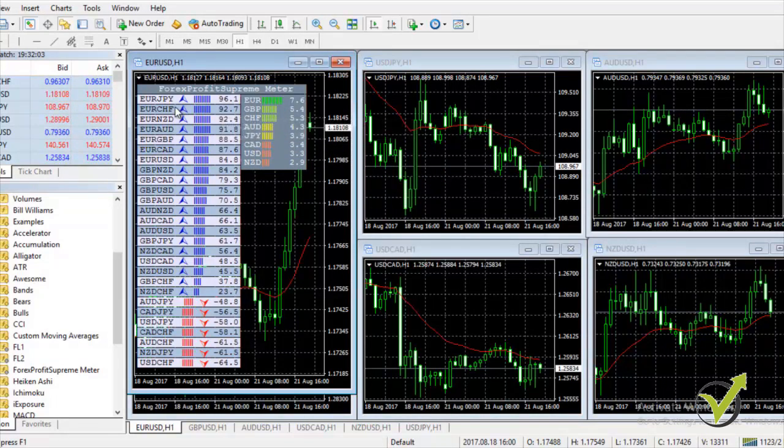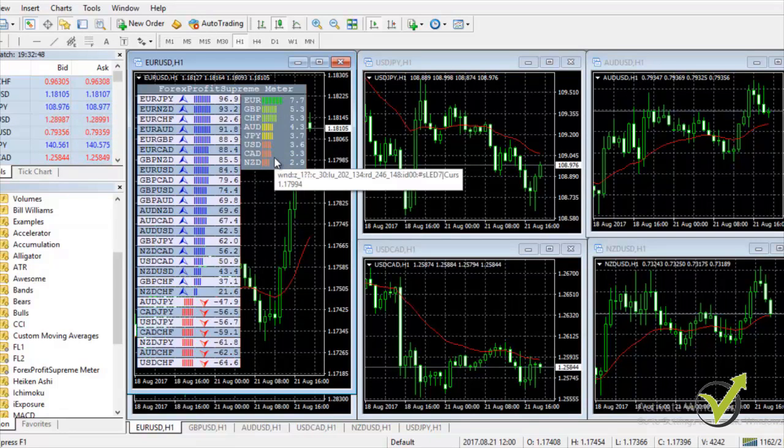Yeah, and over here on the left side you can see each pair, and actually they go from 0 to 100 on the positive side, so when they're going up, and they're going down from 0 to minus 100. So basically when you have euro yen now on the top, you can see that euro is on the top of all currencies, meaning that euro is strongest at the moment, and you have New Zealand, CAD, dollar, which are weakest, right?